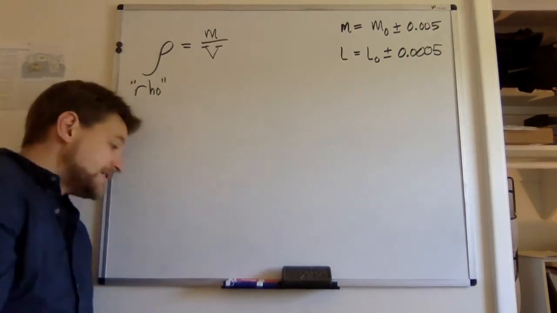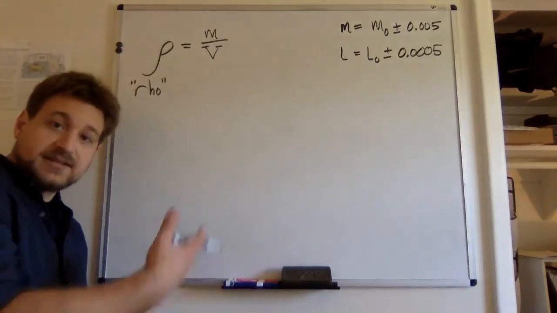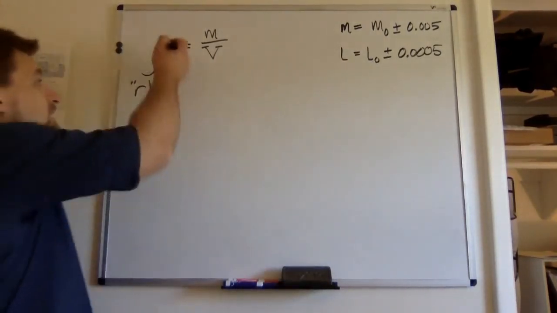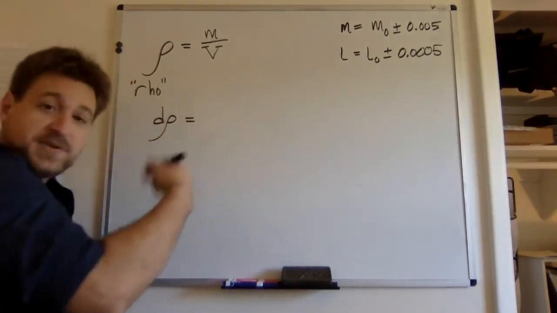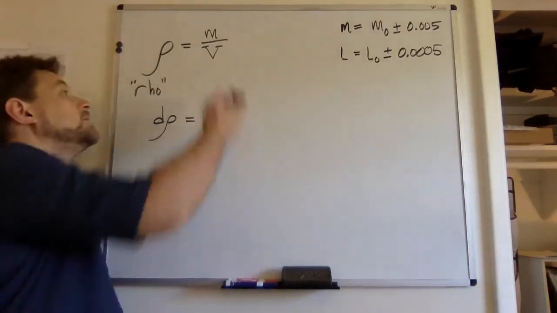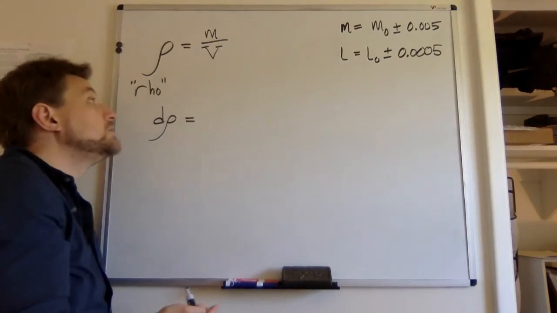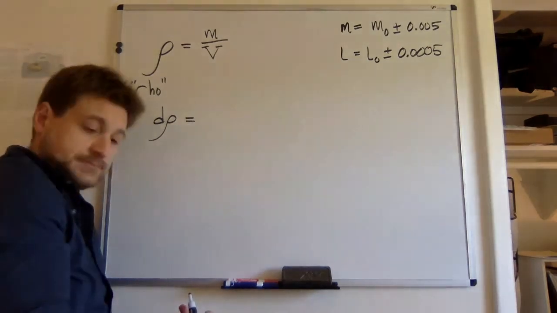But we don't know what that is, so we don't explicitly say it, we implicitly suggest that such a thing exists. So we take a derivative of the left-hand side with respect to a variable that I haven't defined. And we take the derivative of the right-hand side, and this is a quotient. Who remembers the quotient rule?